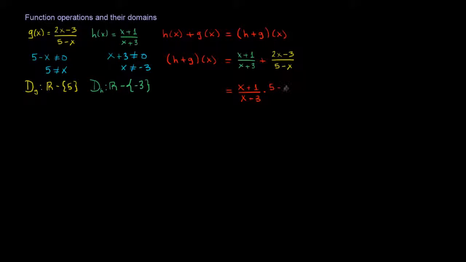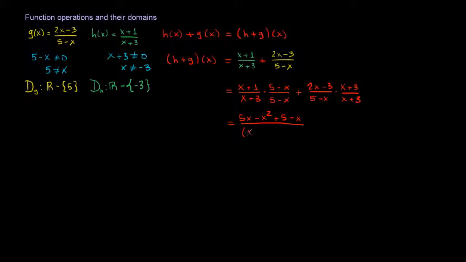Here 5 minus x times the other denominator x plus 3 over x plus 3, and here we have to get along with these operations. This first one would be 5 times x minus x squared, plus 5 and minus x.